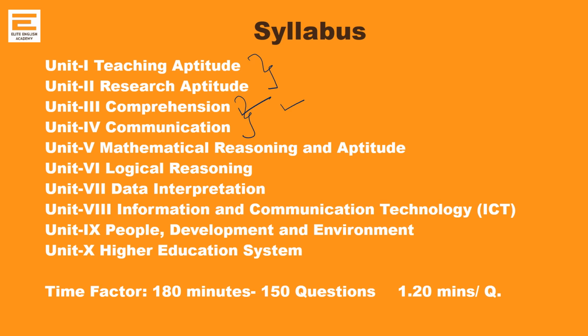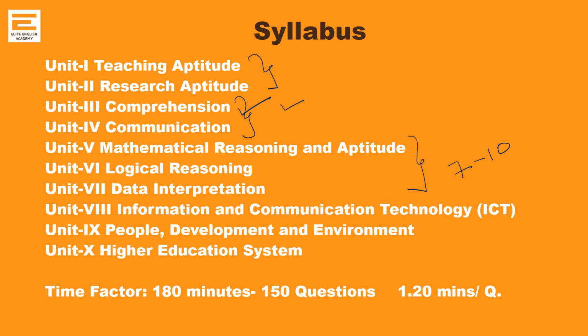Coming back to the next three topics, reasoning and aptitude, logical reasoning, data interpretation. These are the areas in which English literature students really struggle. To be frank, with some input and proper guidance, if you get 7 to 10 questions right out of 15, then definitely your score will be more than 70 percent in paper 1.